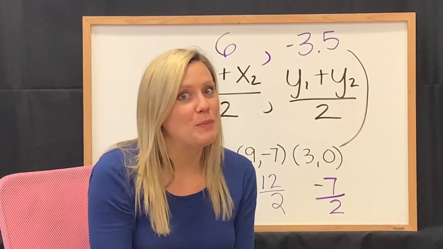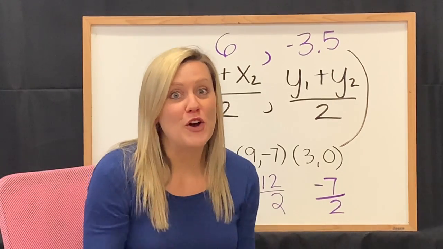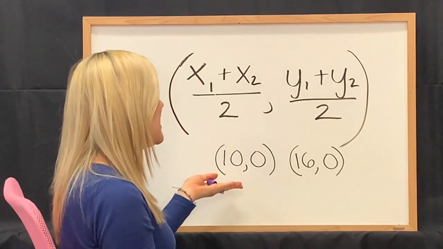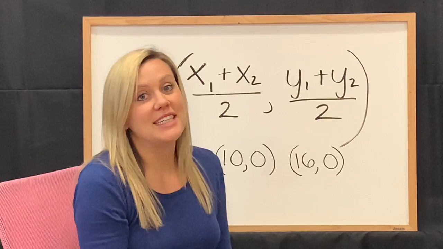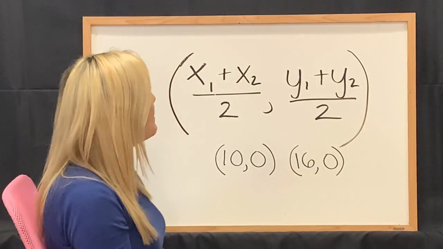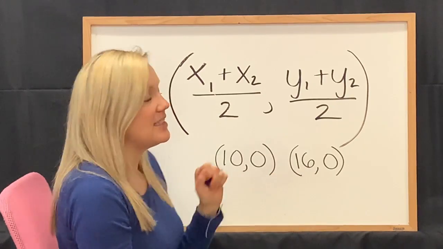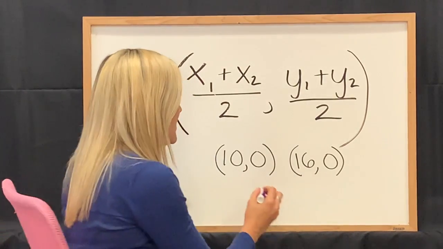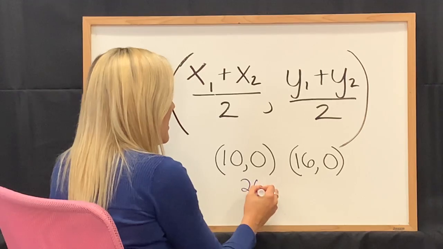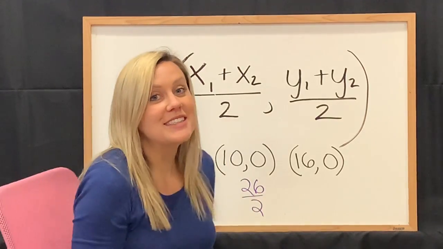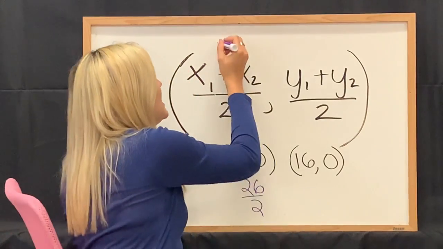Let's just try one more, but after that, I know you can do it without me. Here are my new points, 10, 0, and 16, 0. So the first thing I'm going to do is add my x points, 10 and 16. Together, those are 26. And then I am going to divide that by 2. 26 divided by 2 would give me 13.